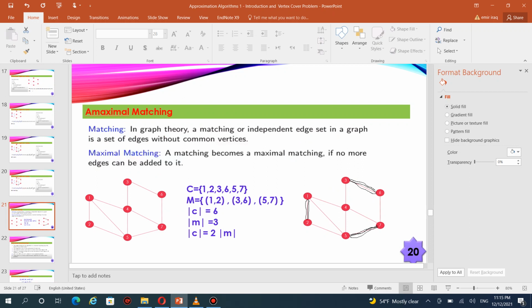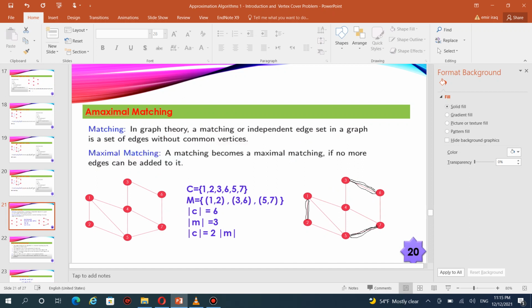Matching is a set of edges in the graph without common vertices. 1, 4 and 1, 5 share a common vertex, so this is not a matching.